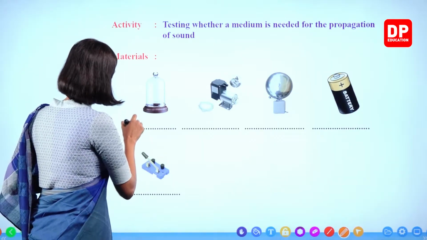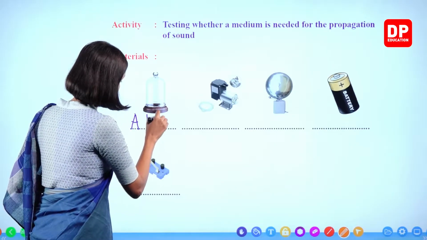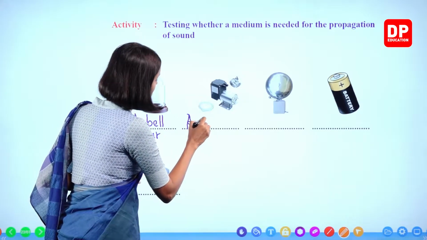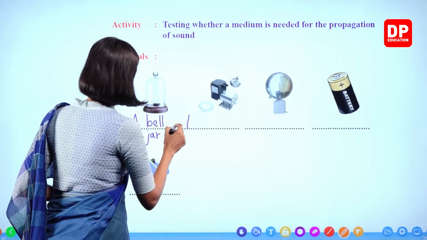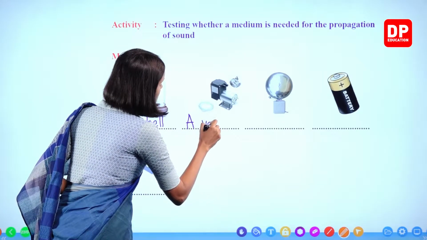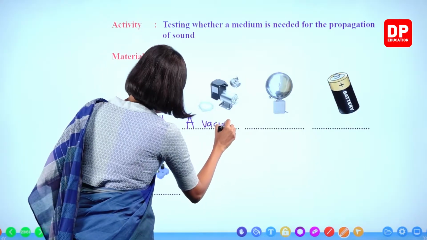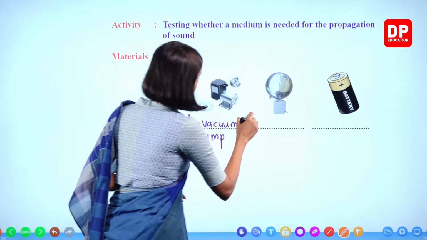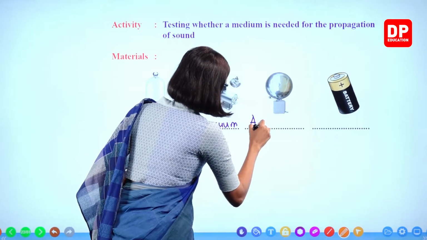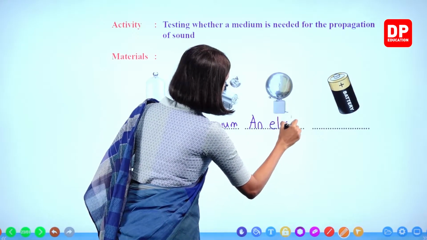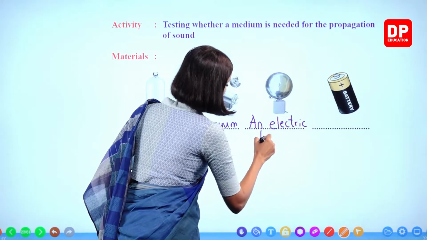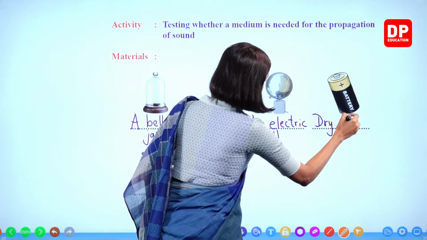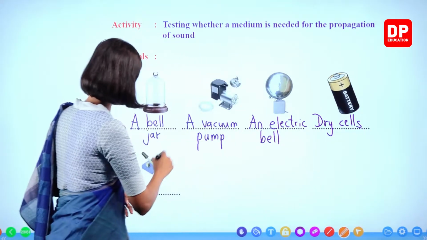Let's write. We need a bell jar, a vacuum pump, an electric bell, dry cells, and a switch.